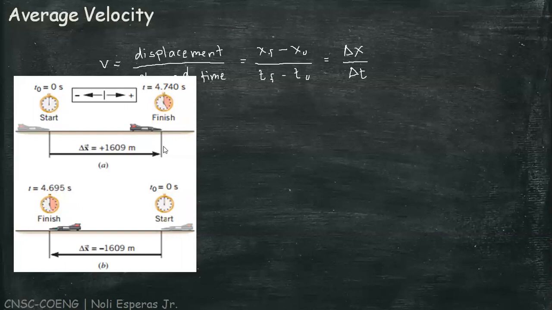Then it travels from right to left, covering the same distance within 4.695 seconds. The problem is, what is the average velocity of each run?